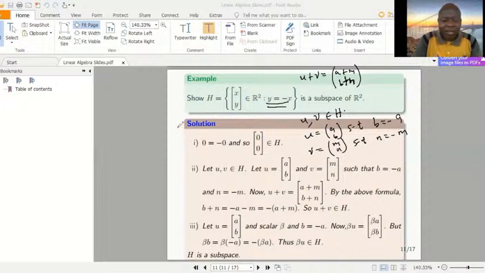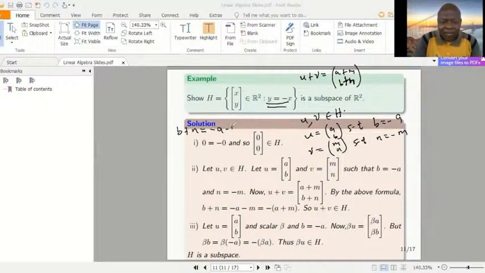Let me just take the second element here. The second element is b plus n. And I want to show that this would be equal to negative times the first element. If that is shown, I'll have shown that this sum is in H. Now, what is b plus n? From here, I know that b is negative a. What about n? From here, n is negative m.